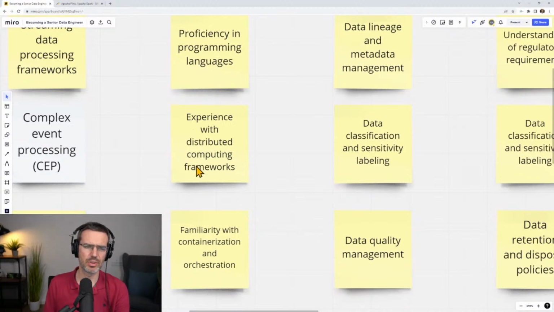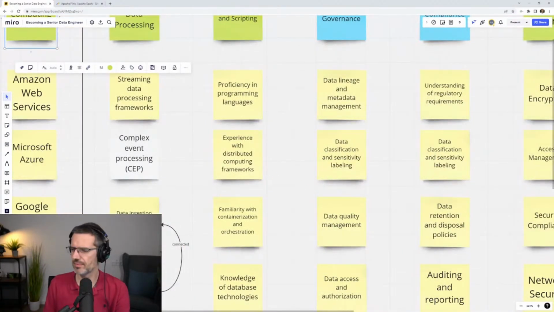Experience with distributed computing frameworks. We already had that. A senior engineer should have experience in distributed computing frameworks such as Hadoop. No, not Hadoop. Hadoop is old school. Almost nobody uses Hadoop anymore. Spark or Flink. We talked about this before, and being able to use them to process and analyze large data sets.